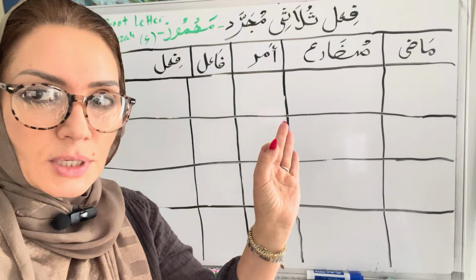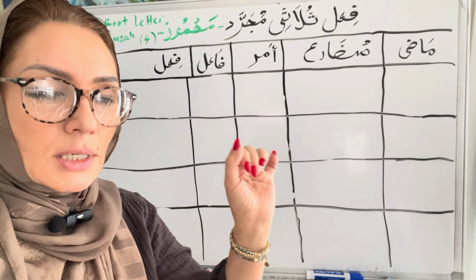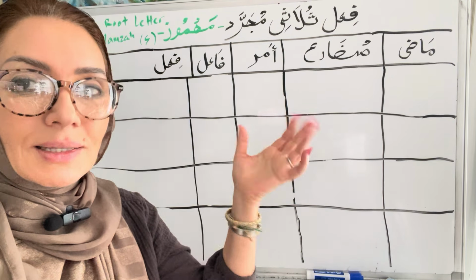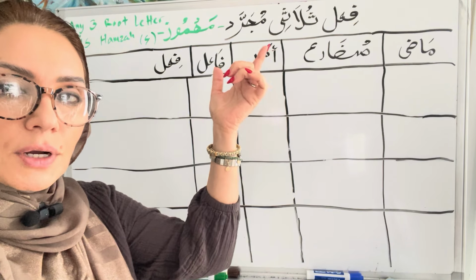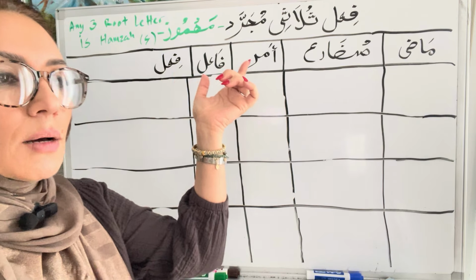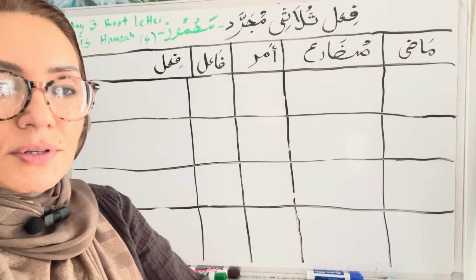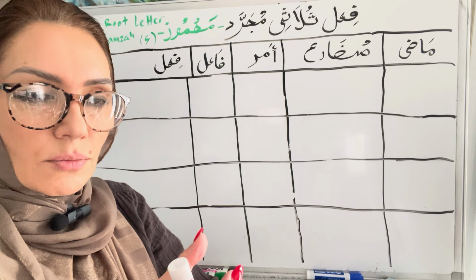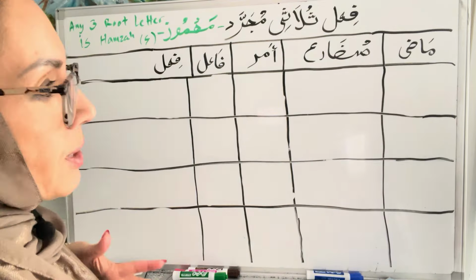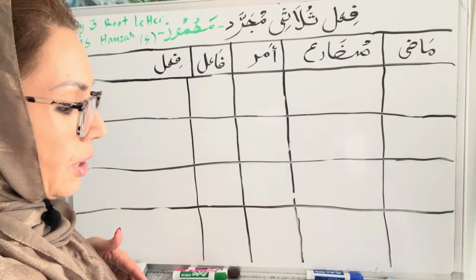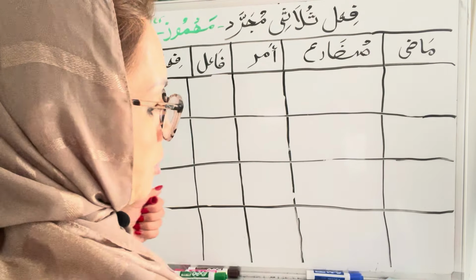These are verbs that have the letter hamza in them, and they fall in this category. They're still in the same fi'al thulathi mujarrad, but they're called mahmuz because somewhere in the original form of the verb there's a hamza, either on the first radical, the second radical, or the third radical. So let's start with the first one.